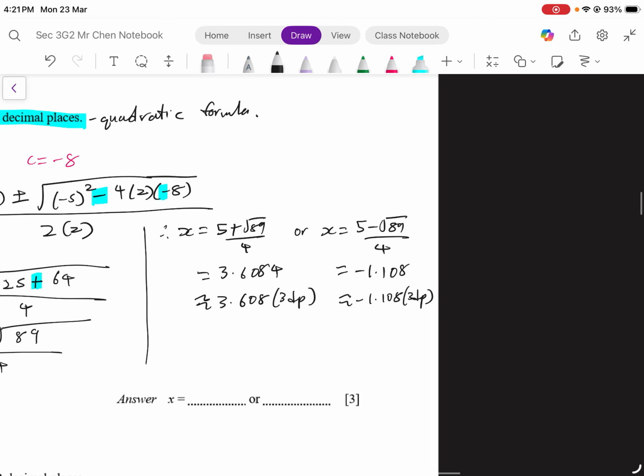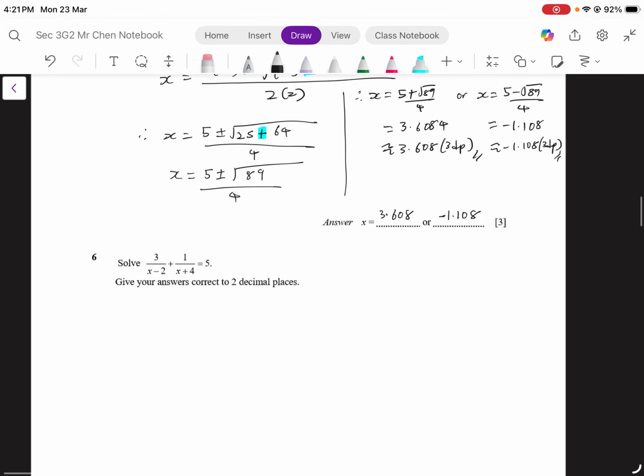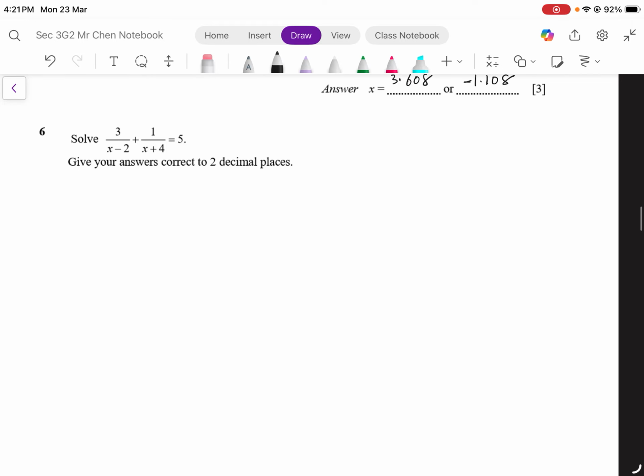Okay, so from here I will get 3.608 minus 1.108. Okay, so with that done, let us move on to the next one.